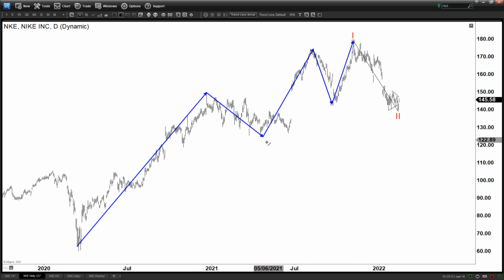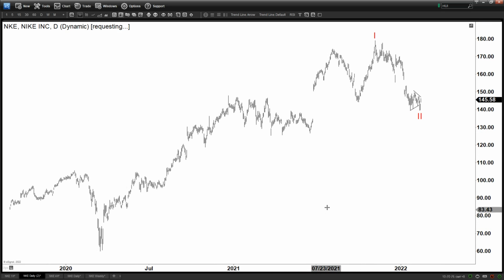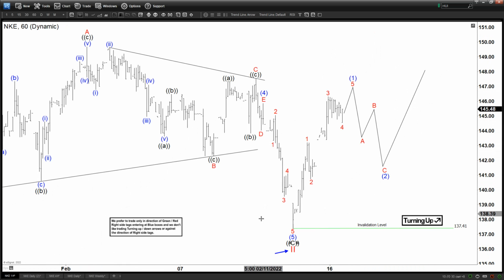The question then becomes whether we really finished the correction and we are ready for a new high, or whether this is just the first leg of a bigger correction. Both are still equally possible, but I want to focus on the short-term and medium-term right now, and I will explain what we should be observing to improve the chance for the move to the upside.